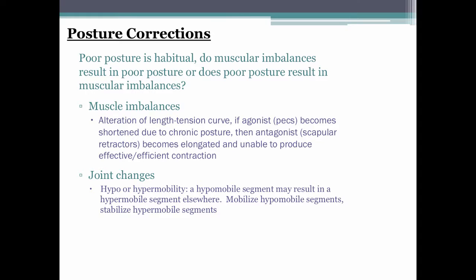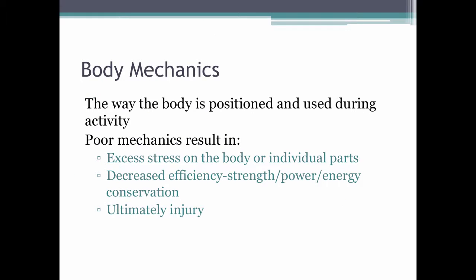So what we've got to do with those folks is mobilize them in the hypomobile sections. We want to mobilize their thoracic spine, but stabilize their hypermobile segments in the lumbar spine. It's important that we do both. If we only do one and miss the other, then we're not going to have very effective rehabilitation.